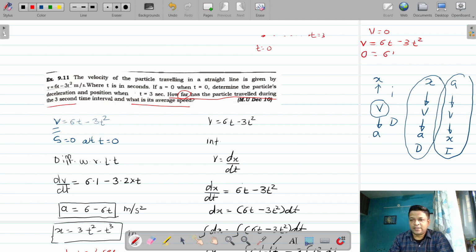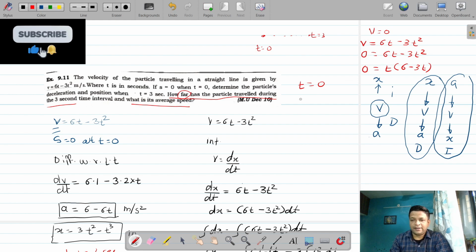So this equation 6t minus 3t square. From this equation we can take t common. So this becomes t into (6 minus 3t). So we'll find out the factors for this. So here t is equal to 0 and next equation is 6 minus 3t is equal to 0. So 6 is equal to 3t. So t is equal to 2 seconds.